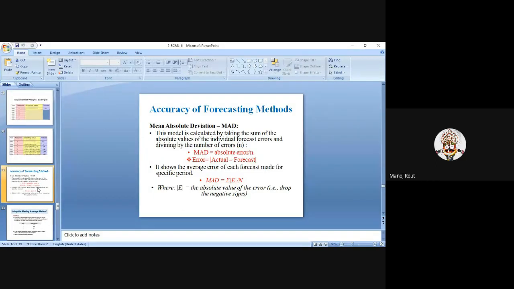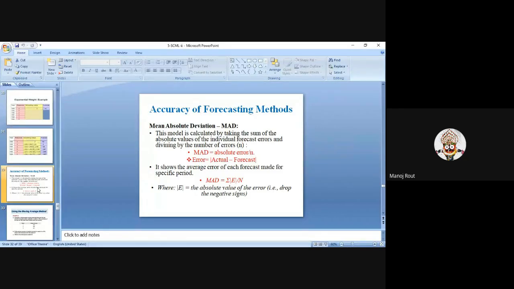The next formula is the summation of error divided by the number of errors. Clear? The absolute value of error drops the negative sign, that's why it is provided in proportional.